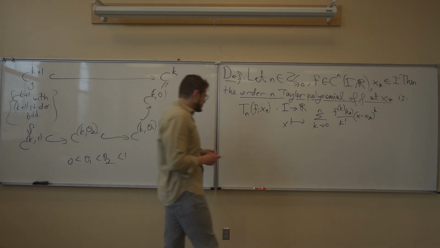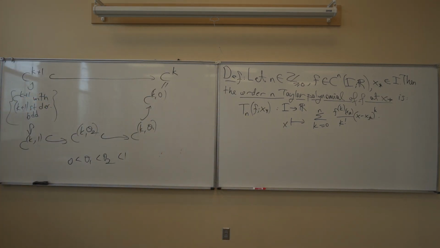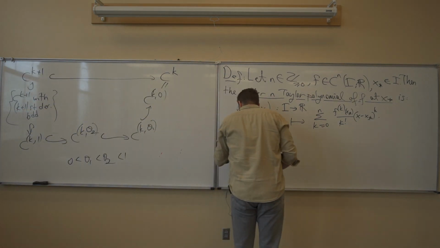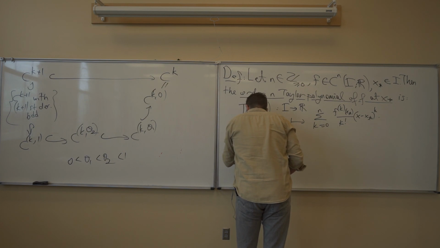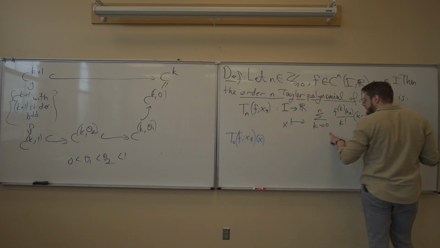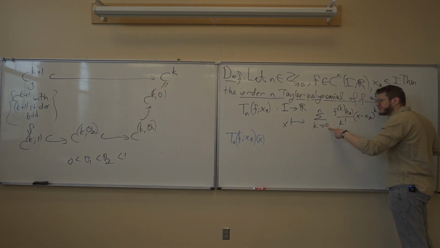So let's write out a couple of these explicitly. So the Taylor polynomial of order 0, T sub 0 of f comma x star at x, is the sum where k varies from 0 to 0.